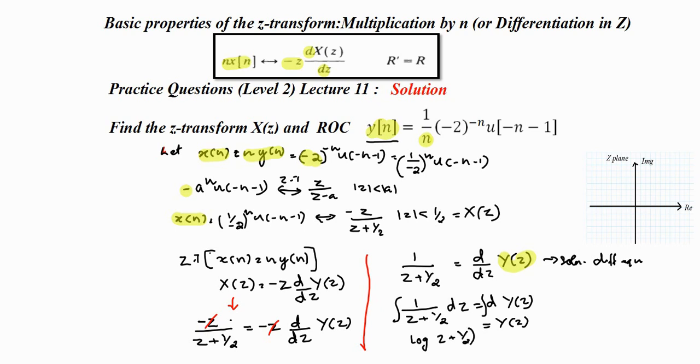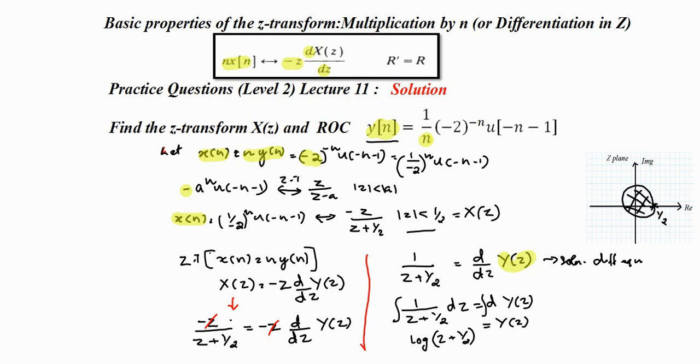And here you can see that the ROC is the same, because when you apply the differentiation property there is no change. So this is the point 1 by 2, and less than 1 by 2 means inside the circle. So this is the ROC.